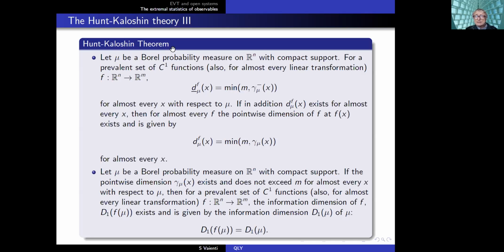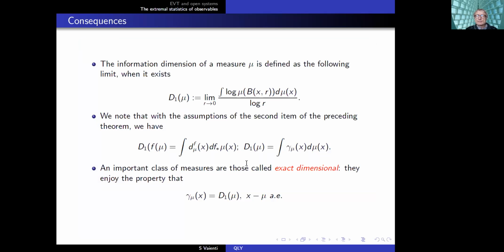What is interesting is that this theorem holds on a class of functions f which are called prevalent, which is reminiscent of what people do in measure theory when we introduce the concept of almost everywhere. This almost everywhere is replaced by prevalent. And last thing, using this theory of prevalent functions and the dimension of the measure, we could get at the end some connection with the embedding theorem in the sense of Takens.